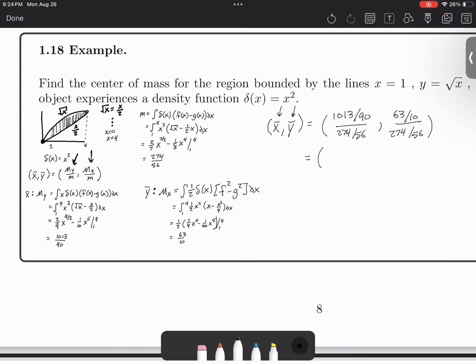So we can clean this up just a little bit. Decimally approximated, we have 2.552 and 1.428, which puts our center of mass maybe somewhere right there.